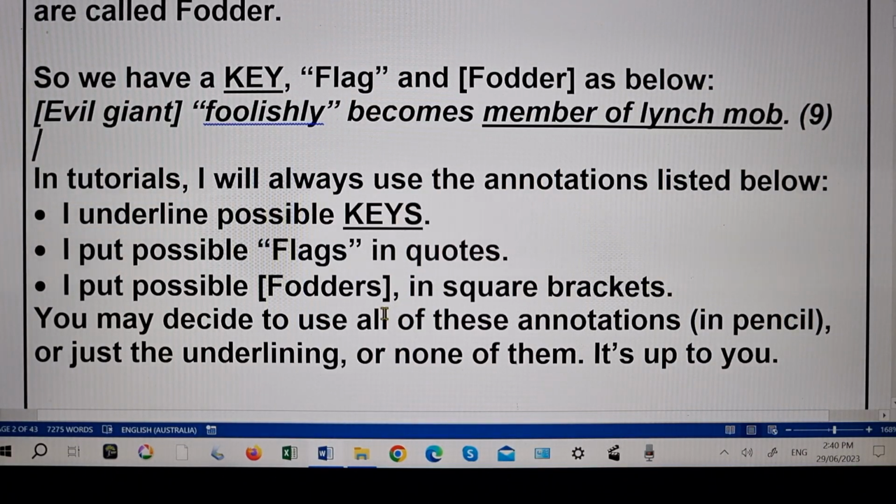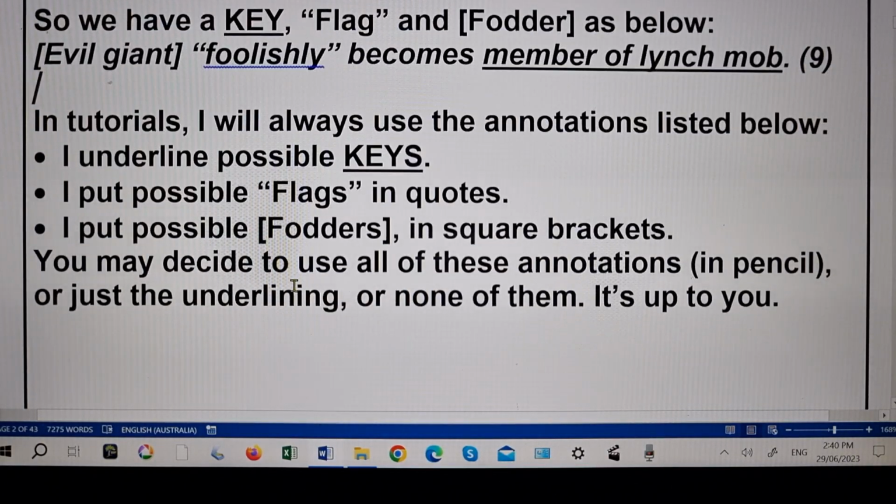No. Anybody that does cryptic crosswords is guessing initially until they confirm it all. So at this stage, we're guessing. These are possible keys, possible flags, and possible fodders. And that's the beauty of cryptics. You're not sure where you're going until you can confirm it. It's wonderful. Now, you may decide to use all of these annotations in pencil, of course, or just use the underlining, or none of them. It's up to you.